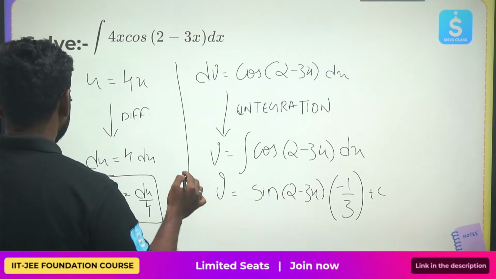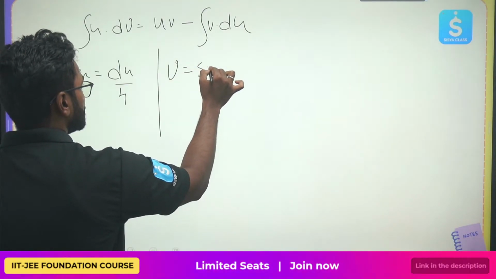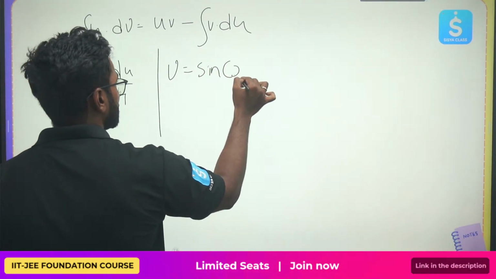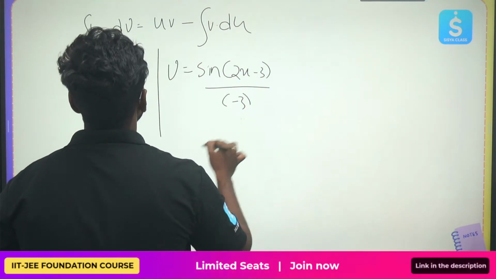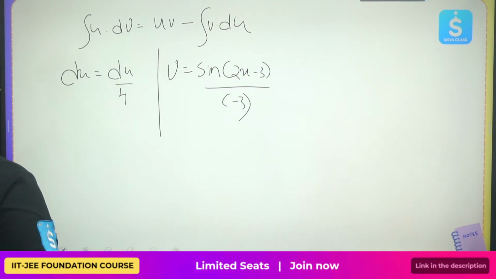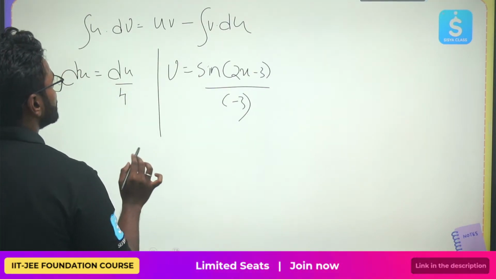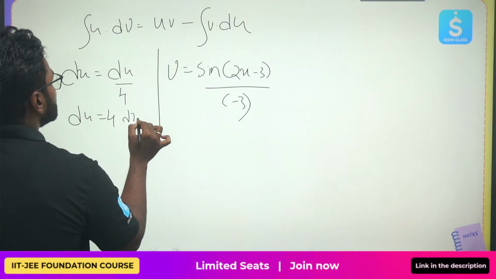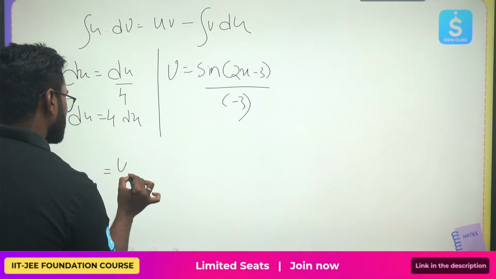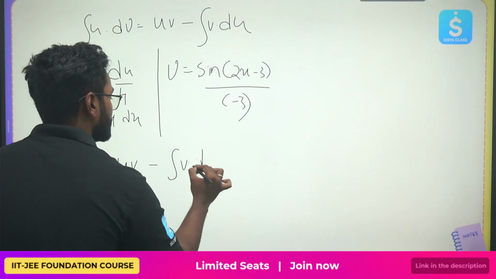And v is equal to sin(2 minus 3x) by minus 3. Okay, let us keep du equals 4 dx, right? Now this should be uv minus integral of v du.